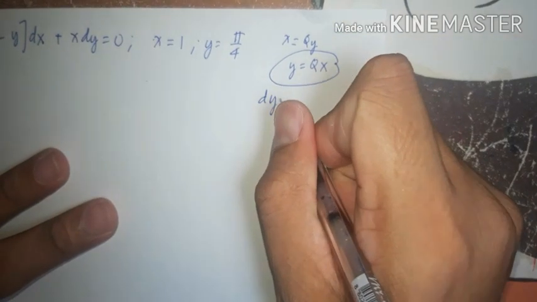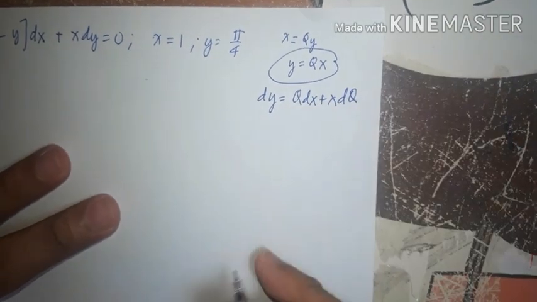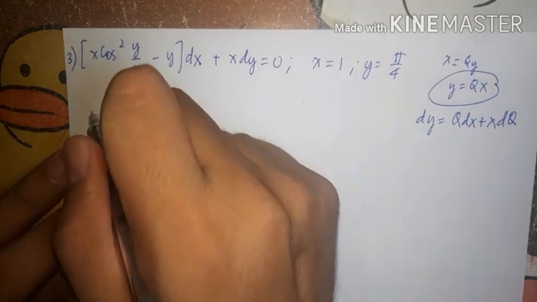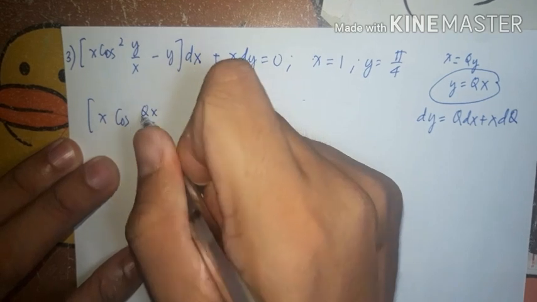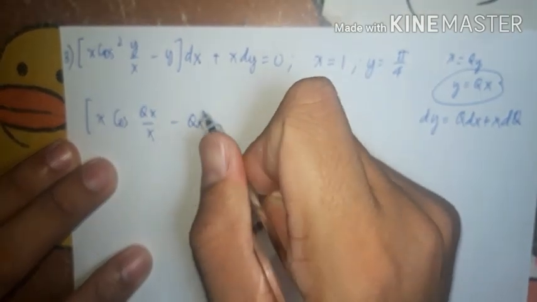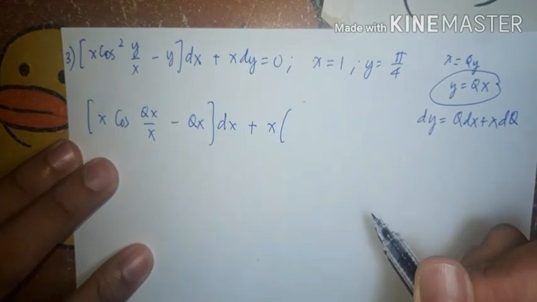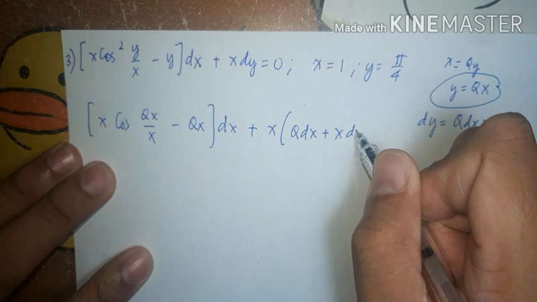If y is equal to qx, then dy is q dx plus x dq. Substituting to our given, that gives you x cosine qx over x minus qx dx plus x multiplied by the value of dy, q dx plus x dq.